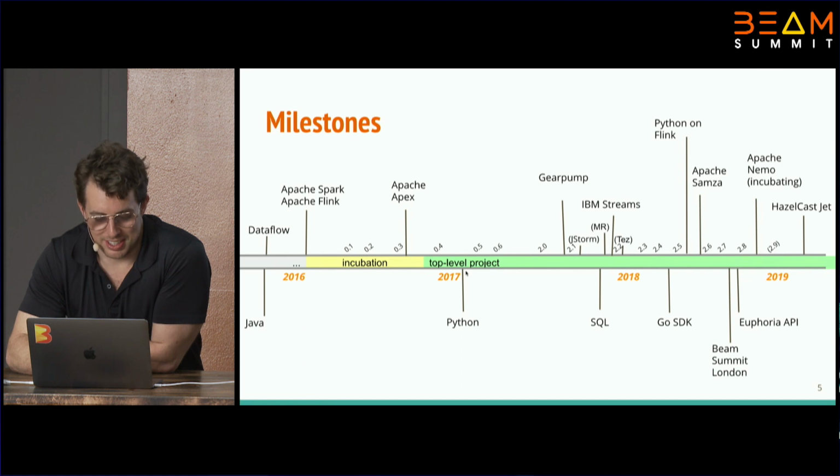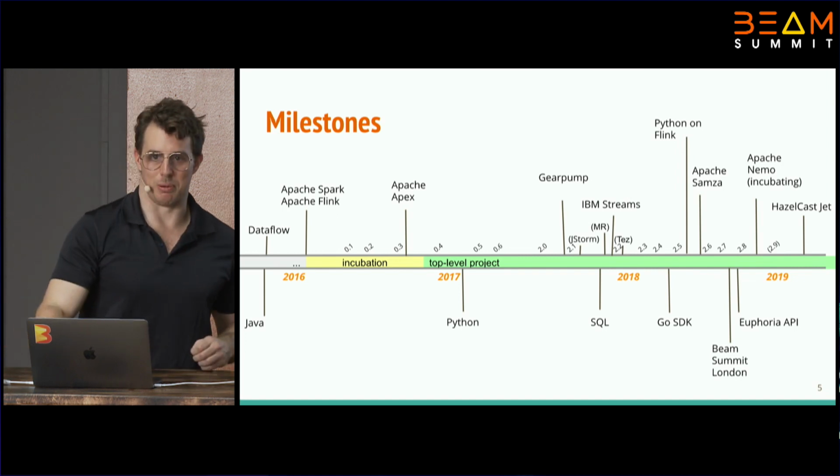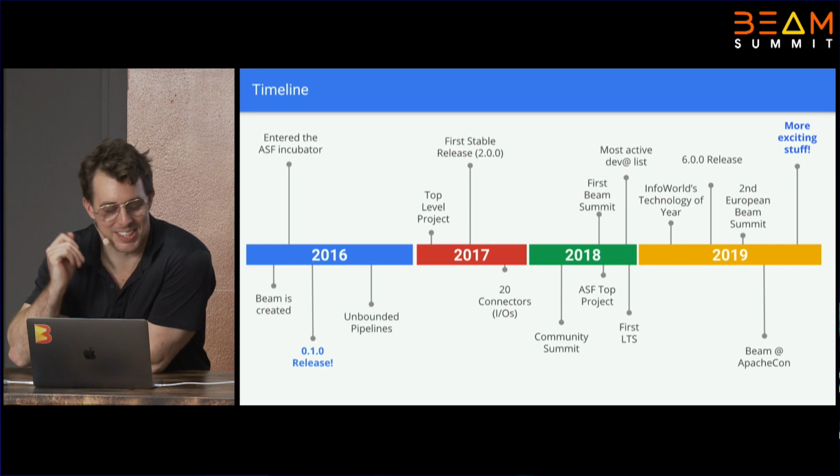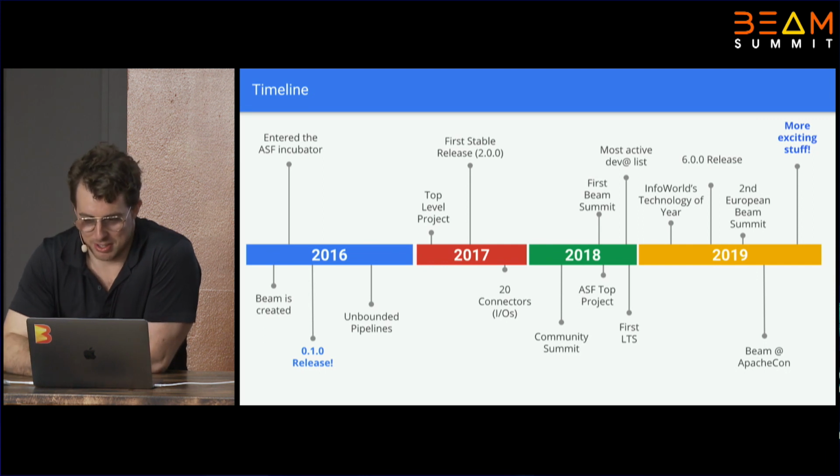We added Python as an SDK, and some of these other runners along the way. Not to diminish them, I'm just trying to not read slides. An alternate timeline, I guess, either kind of makes sense on the history of this project.